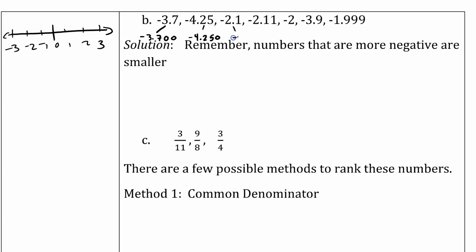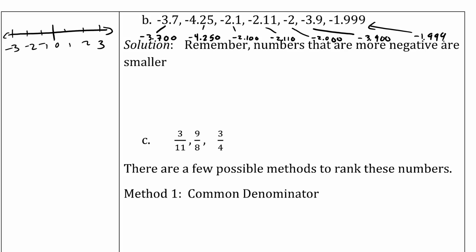This one is -2.100. This one is -2.110. This is -2.000, because we want to have 3 decimal places. This is -3.900. And this one is -1.999.